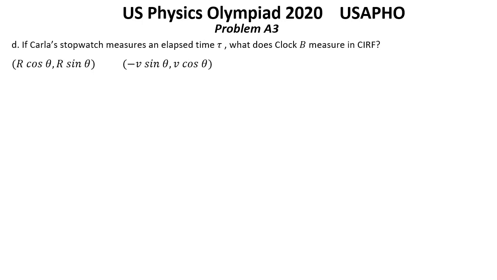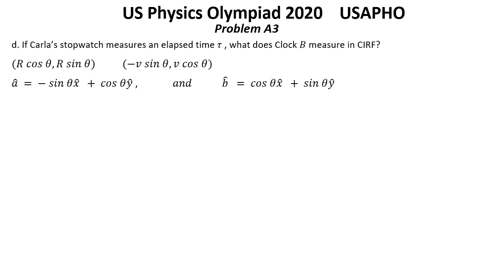Suppose we place a light bulb between the two clocks and have it propagate a light pulse. In the lap frame, the light pulse reaches the two clocks simultaneously. In CIRF, the math is a little more complicated. We first rotate our lap coordinates so that a equals negative sin theta x plus cos theta y, and b equals cos theta x plus sin theta y.